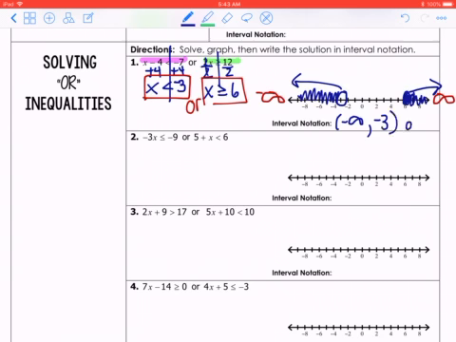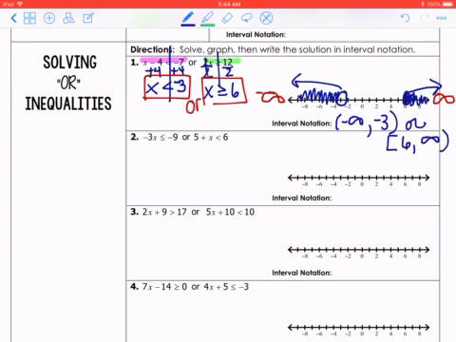Then I'm going to write the word or, and do the other direction. Since this one was closed, greater than or equal to, that's going to be a hard bracket here with 6 and then positive infinity, parenthesis.